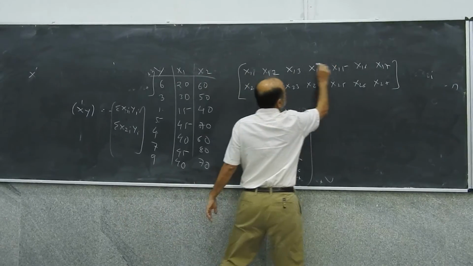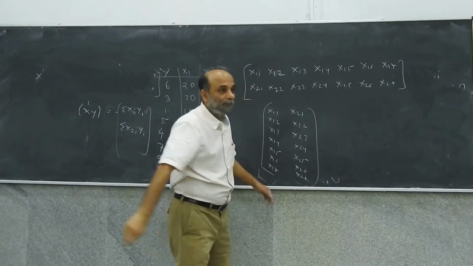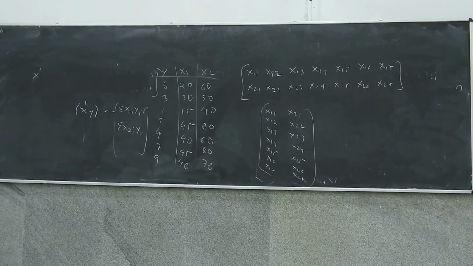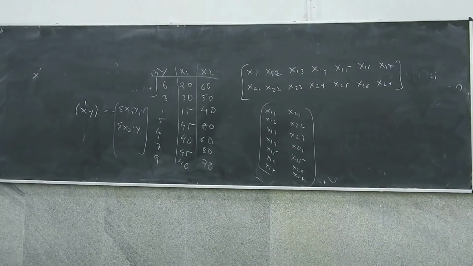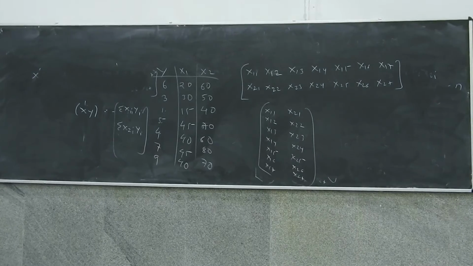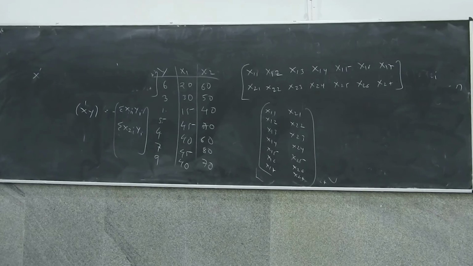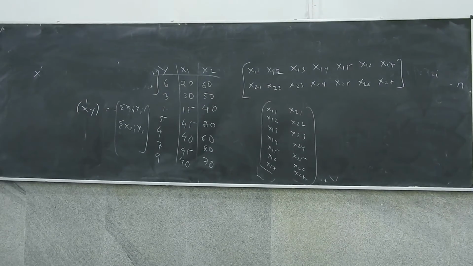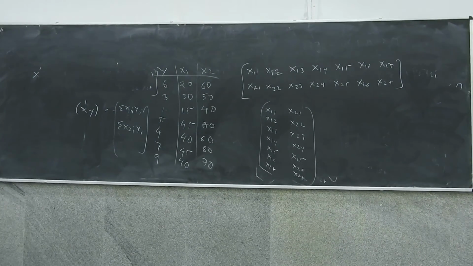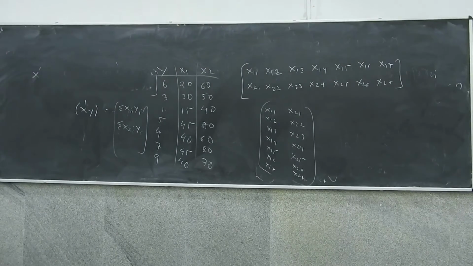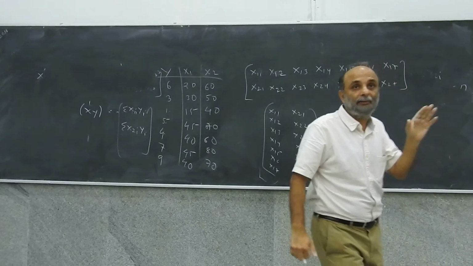The first row into the first column. What would the dimension of x dash x be? 2 into 7 into 7 into 2. So it would be a 2 into 2 matrix. Right? 2 cross 7 into 7 cross 2, which will be a 2 cross 2 matrix. So let's find out what those 2 cross 2 matrix elements are.